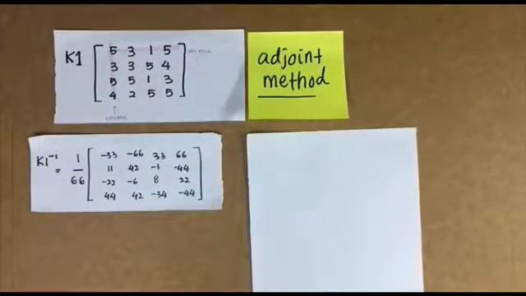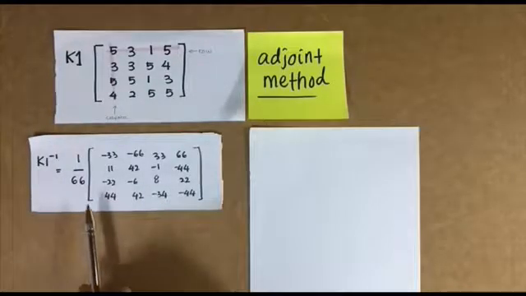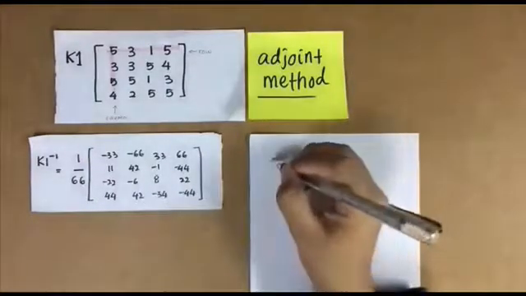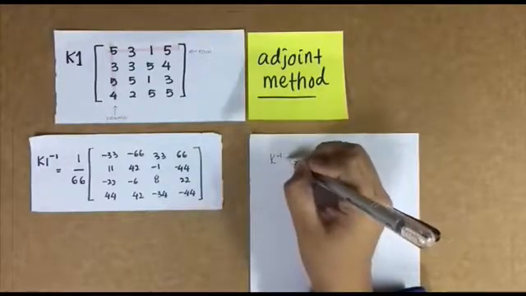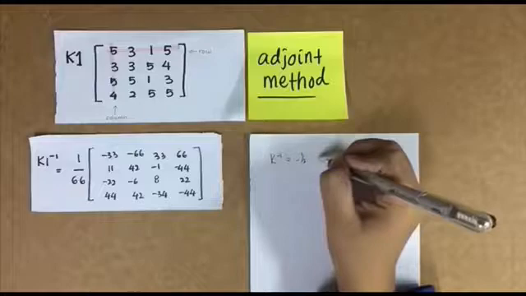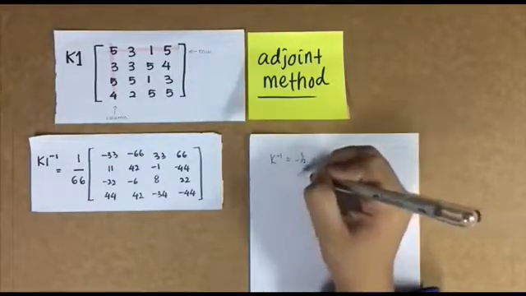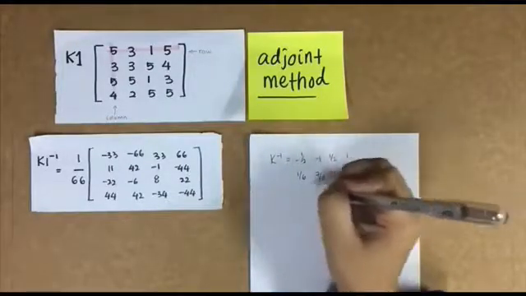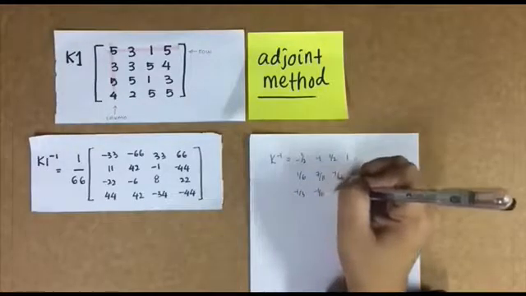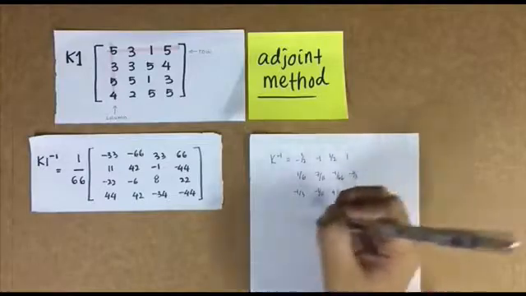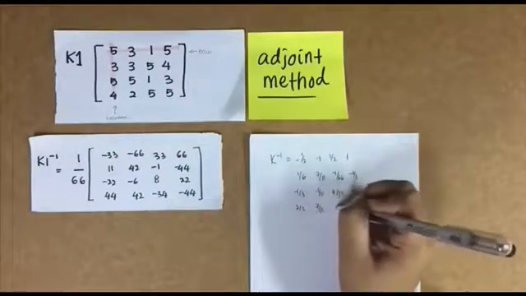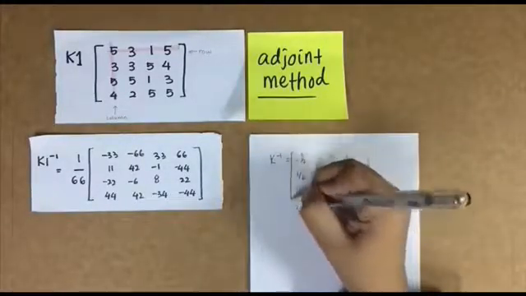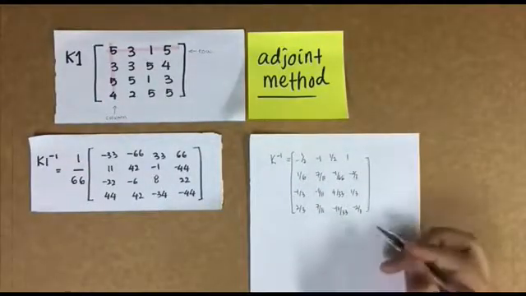After we have found the cofactors, we must multiply the cofactors with the determinant that we've got, which is 1 over 66, and we will get the inverse of the K1 is, so this is the inverse of the K1.